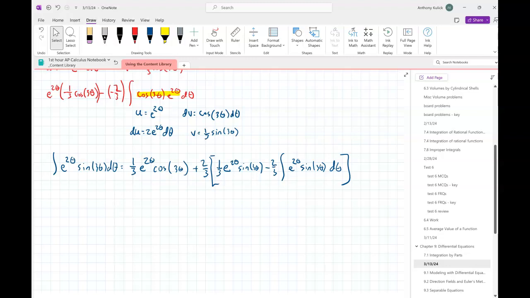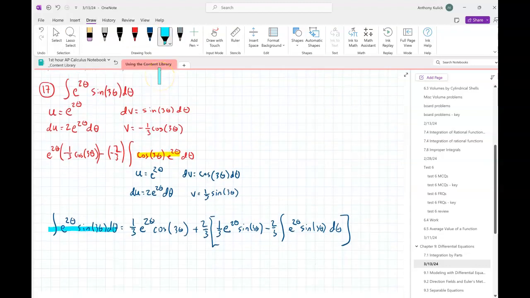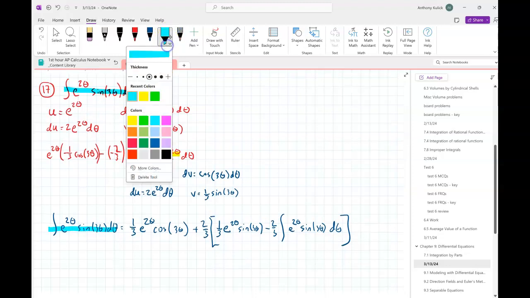So now I just have some cleanup to do here. Kind of go back and label where each piece came from. Sure. All right, let's see. Let's do some color coding. So this is just the starting problem.